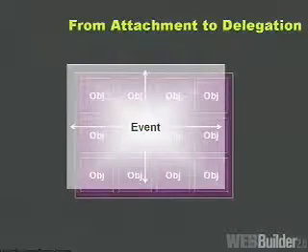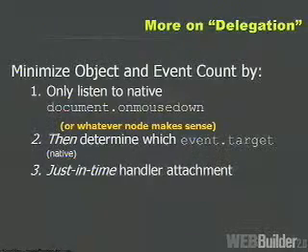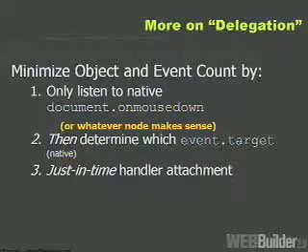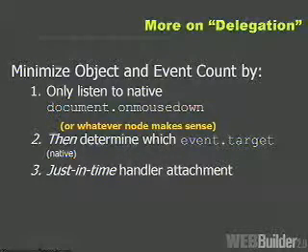So instead of event attachment, we're now starting to do event delegation in more complex applications. Instead of listening to every DOM node, we're only listening higher up, sometimes on the document itself, sometimes on a certain region of the page. We'll just listen for the mouse down, then determine what's underneath that click further down in the DOM, and then, right in the nick of time, attach the event that we care about.